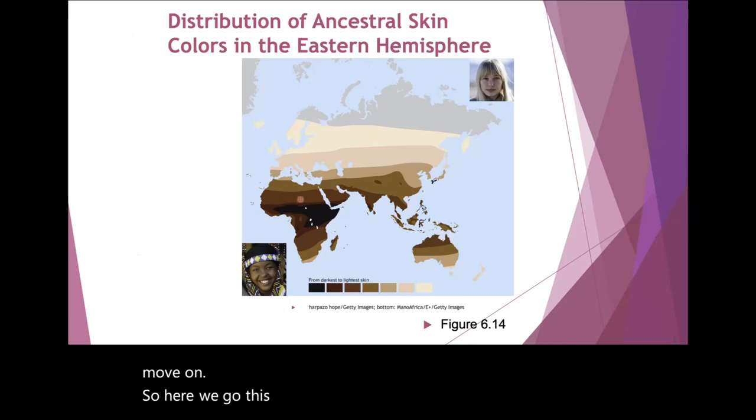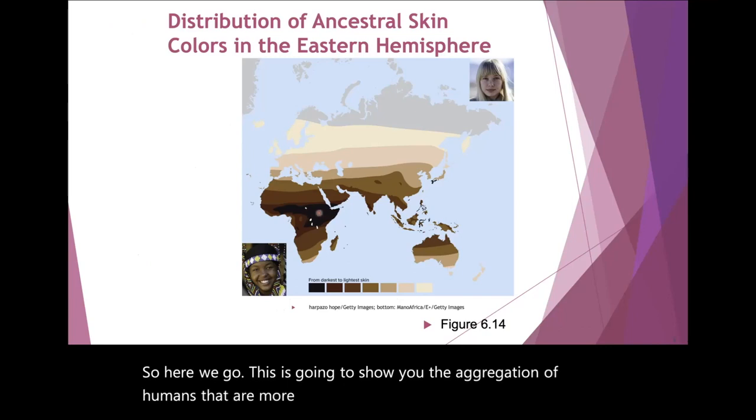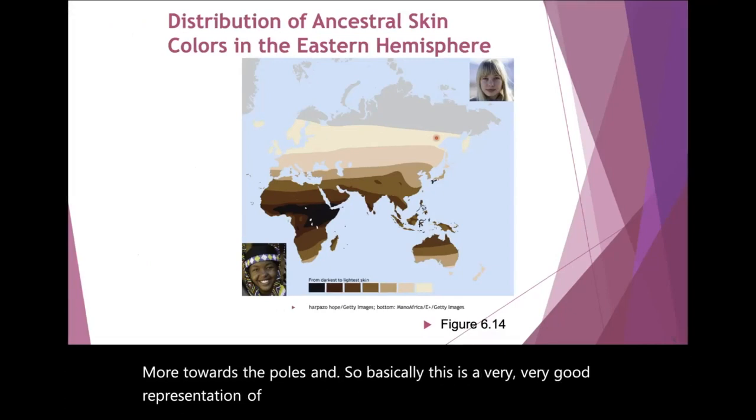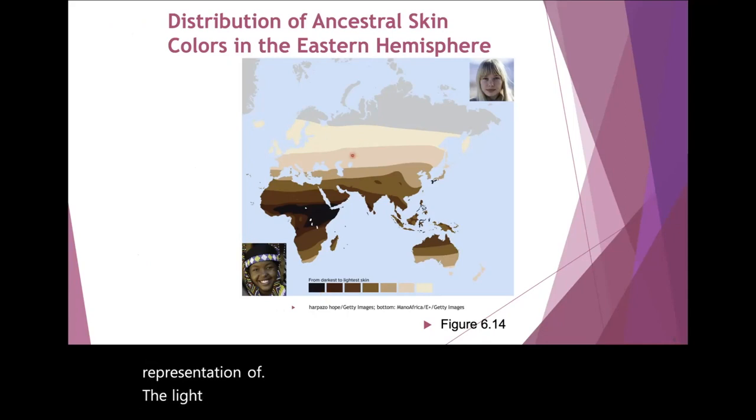This is going to show you the aggregation of humans that are more towards the equator and more towards the poles. And so basically, this is a very good representation of the lightest to the darkest in terms of where they're located on Earth.